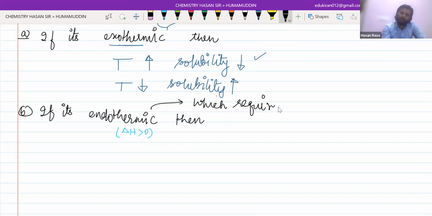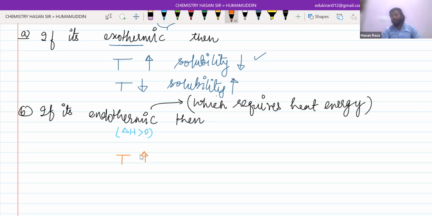In this, if you increase the temperature, that means indirectly you are giving heat energy to the process, which is in favor of that process, and hence the solubility will increase.